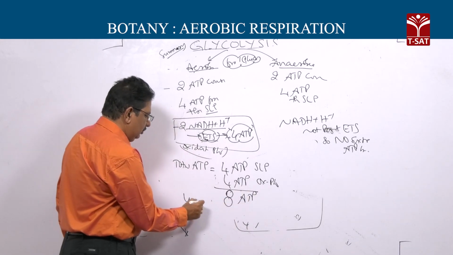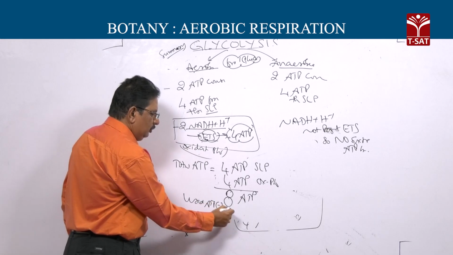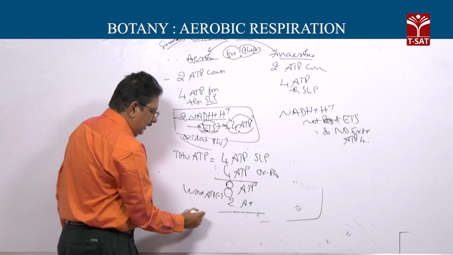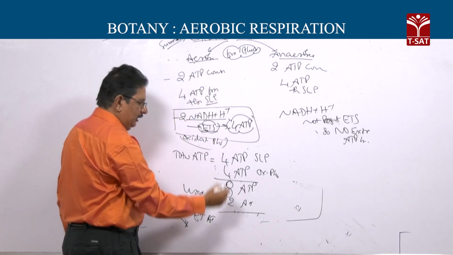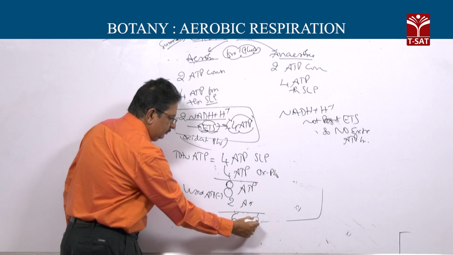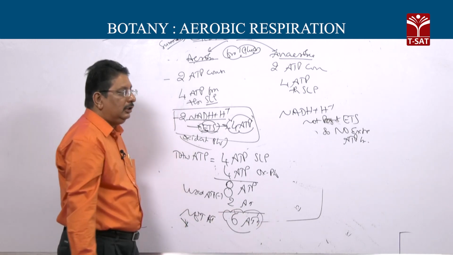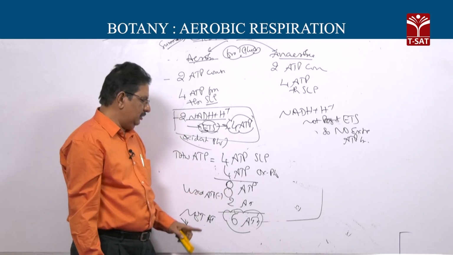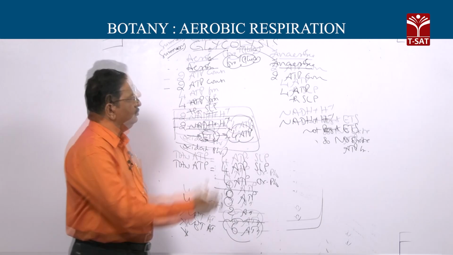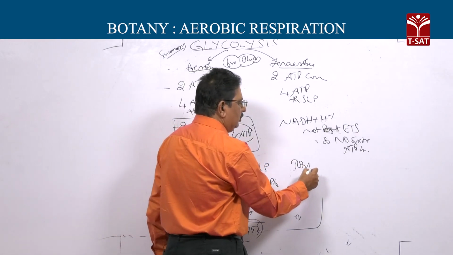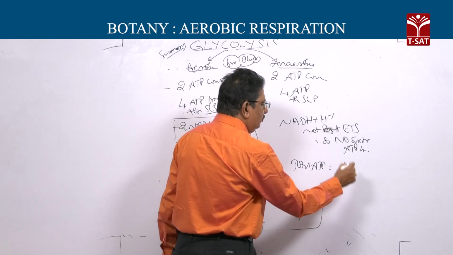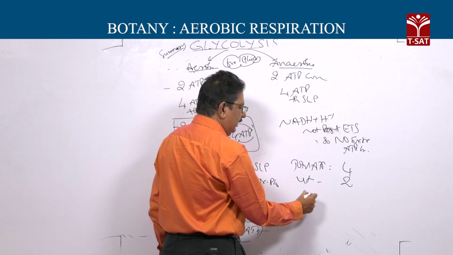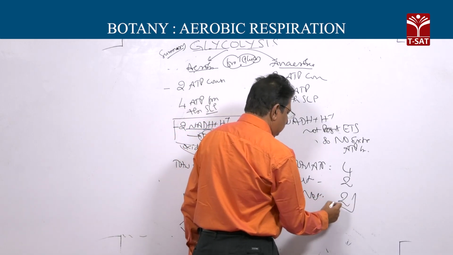But used ATP is 2. So, finally, the net ATP in aerobic glycolysis is 6. So, 2 types of questions. In aerobic glycolysis, the total ATP is 8, net ATP 6. But in anaerobic respiration, the total ATP generated is 4 and utilized 2, net ATP is finally 2.